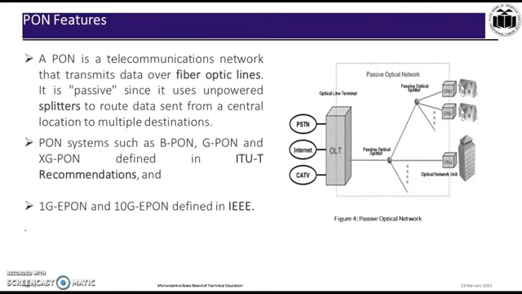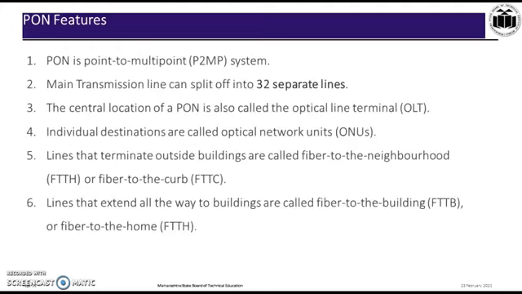To the OLT, the signals come from the PSTN, internet, and cable TV, and from the OLT, the signals are distributed through splitters and then transmitted to the various ONUs. The PON systems such as BPON, GPON, XGPON are defined in ITU-T recommendations, and 1G EPON and 10G EPON are defined in the IEEE standard.